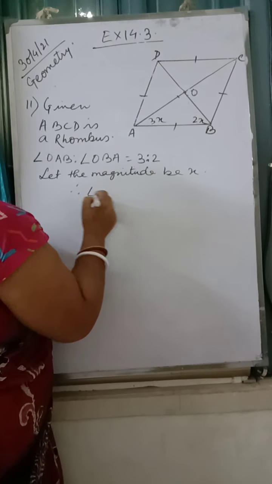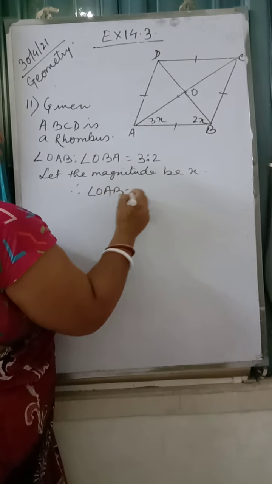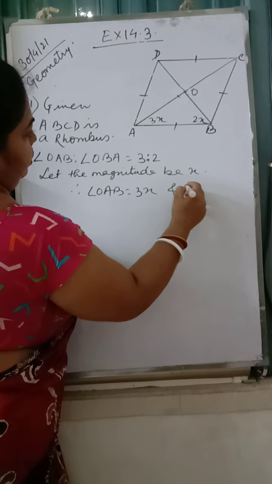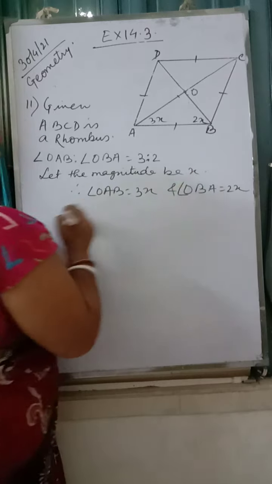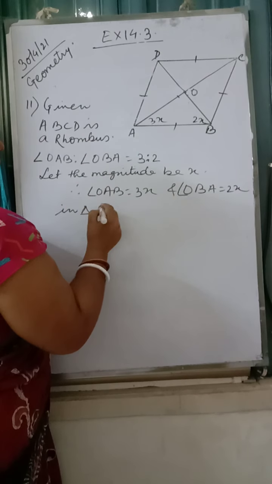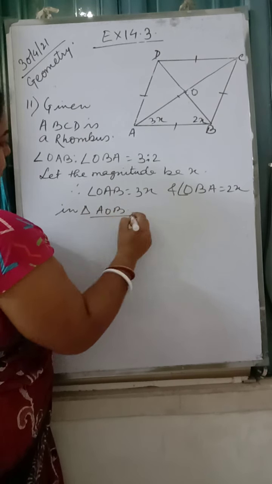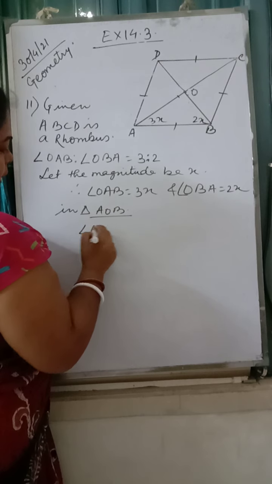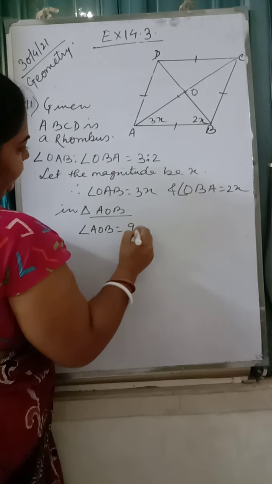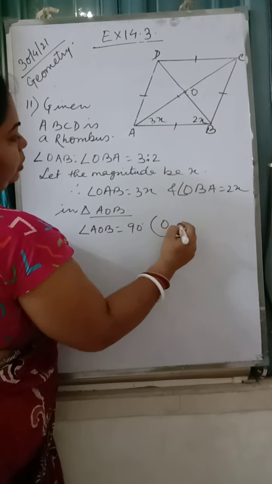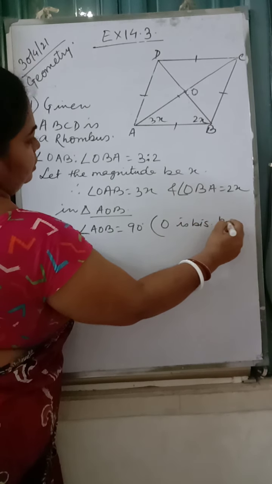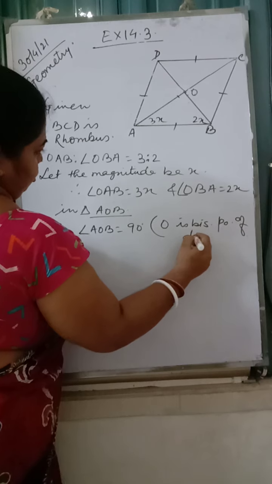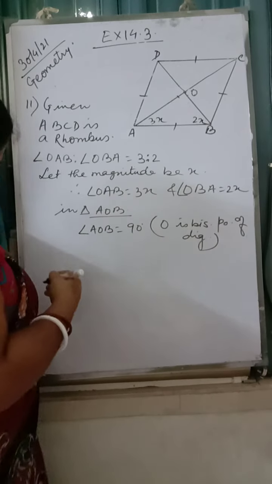So therefore angle OAB is 3x and angle OBA is 2x. In triangle AOB, angle AOB is 90 degree. Why? O is a bisection point of diagonals. So diagonals we know they bisect each other at 90.